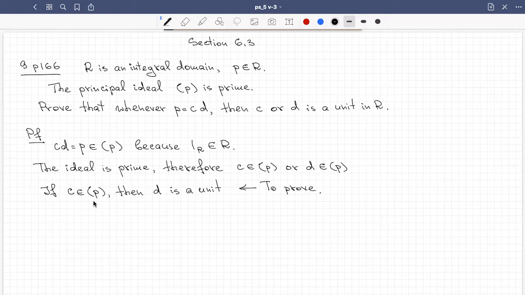Thus, I assume that C is in the ideal, and the ideal is principal.